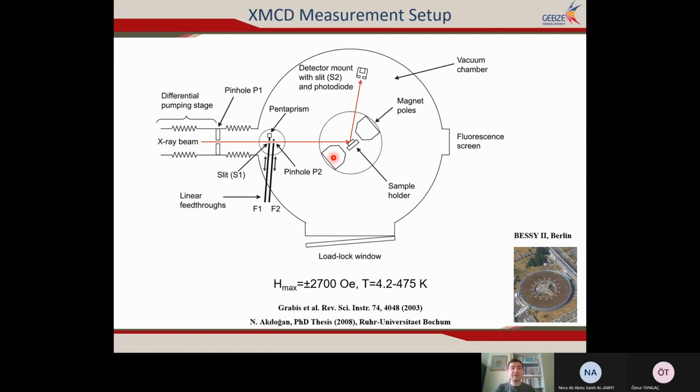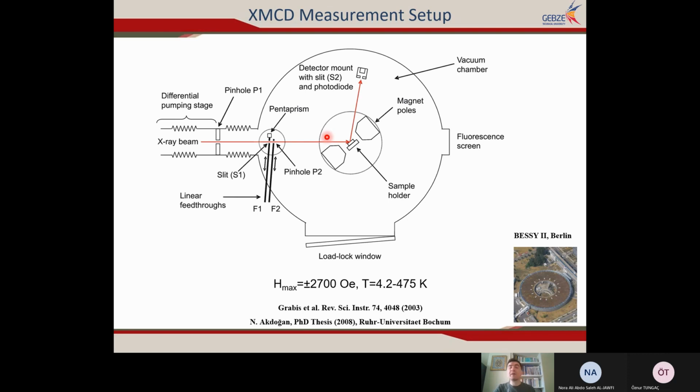In addition to that, you can change the direction of the magnetic field. You can change the magnitude of the magnetic field. So you can manipulate the magnetic field within this range, minus plus 2700 Oersted. So this is the experimental chamber which is used for XRMS and XMCD experiments.